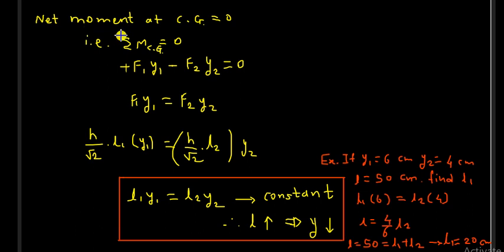The second static equilibrium formula is summation of M at the CG of the weld axis, the complete weld system, equal to 0. Net moment at CG will be equal to 0. So taking moment in the last figure, we will get F1 into Y1 minus F2 into Y2 equal to 0.